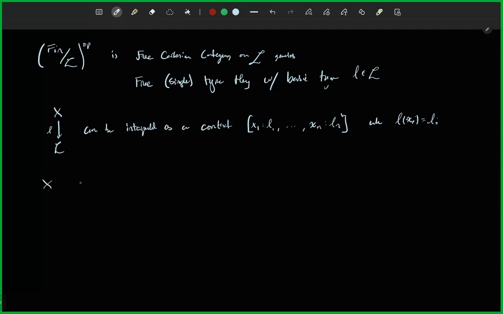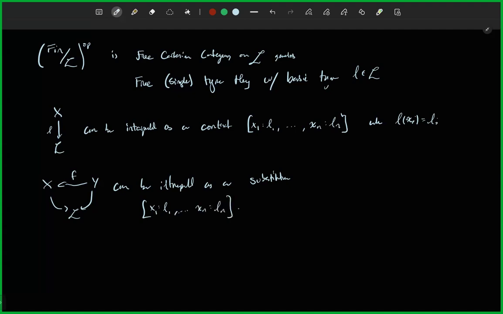Now, a map from X to Y in L can be interpreted as a substitution from x1 of type L1, dot dot dot, xn of type Ln, to y1 of type L prime 1, dot dot dot, ym of type L prime m.